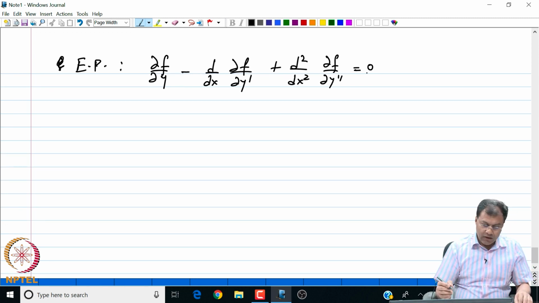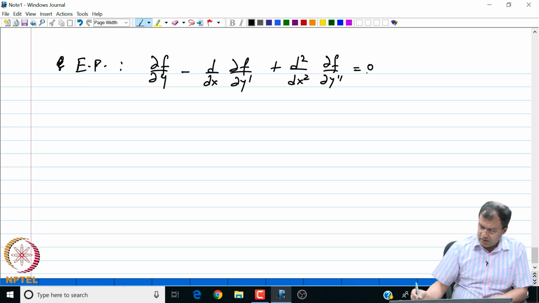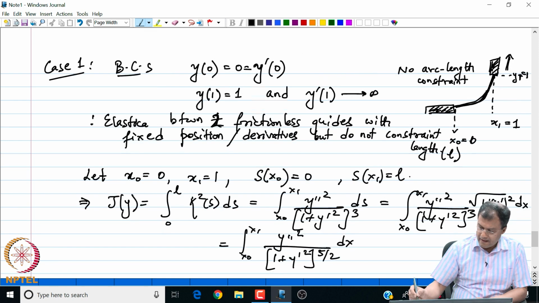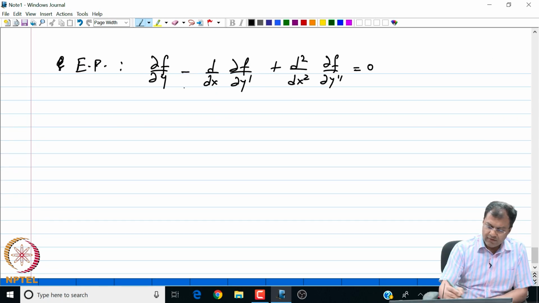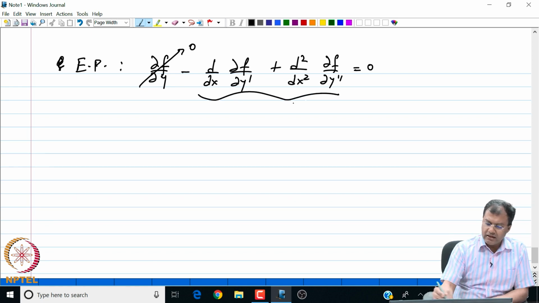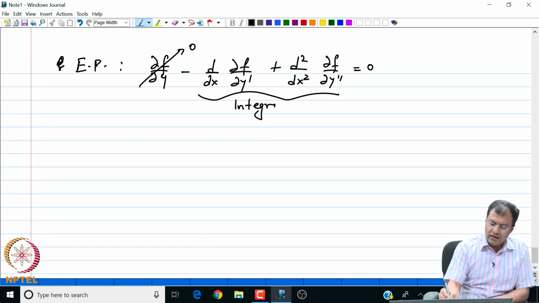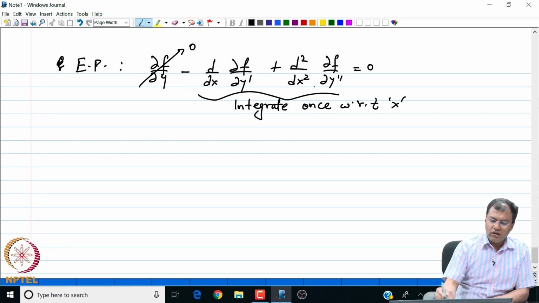Notice that this particular integrand is independent of y. So, this quantity, partial f partial y, is 0, and we can integrate this expression once with respect to x to reduce the order of this equation from fourth order to third order.